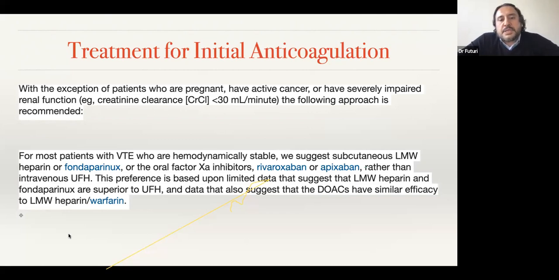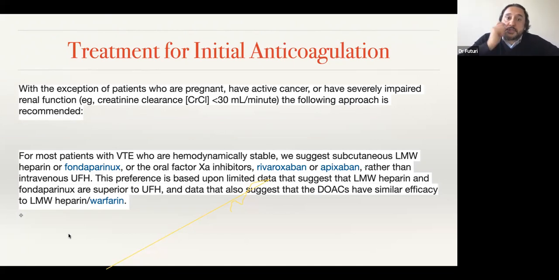Patients who are presenting with blood clots and are hemodynamically stable, we can now use some of the direct thrombin inhibitors, treatments like rivaroxaban or apixaban, which do not need bridging, they do not need monitoring. And these patients typically can be started in the emergency room and usually discharged the same day.